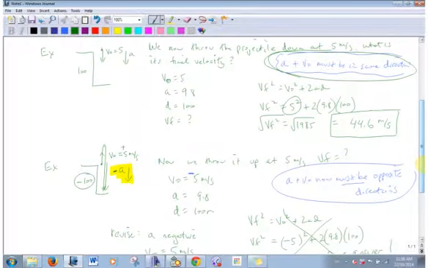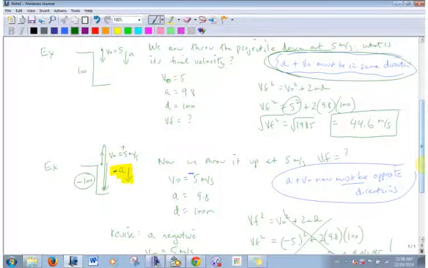Let's look at this for a sec. If I throw this up at 5 meters a second, any guesses as to what speed it's coming down with just before it hits my hand? What's the acceleration on this right now? No, the acceleration. It's 9.8 down. Because if I let it go, that's where it's going to accelerate down.